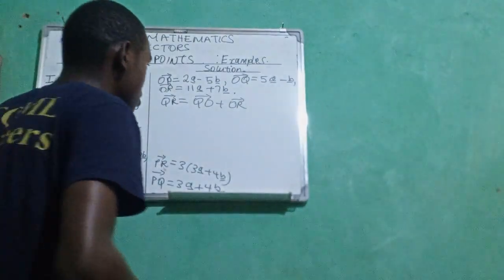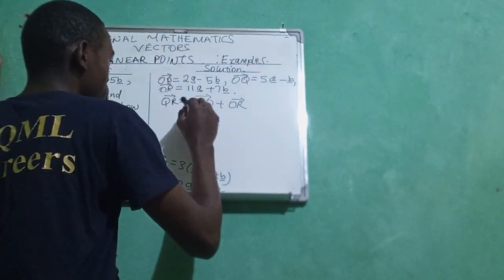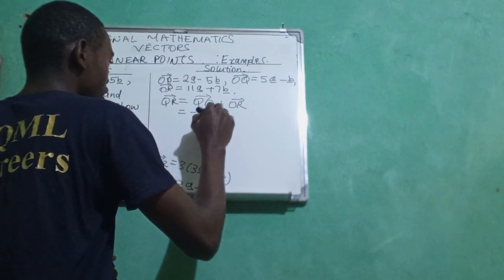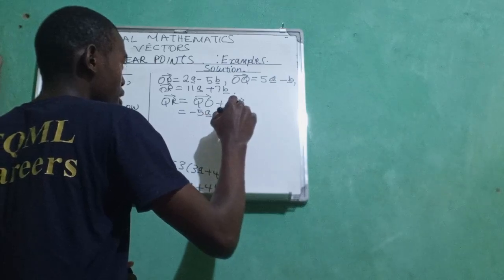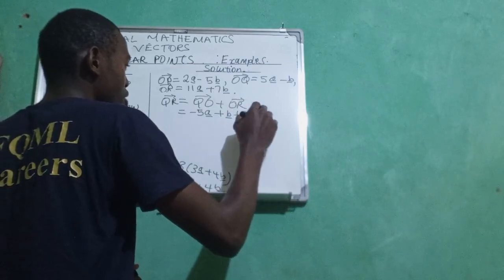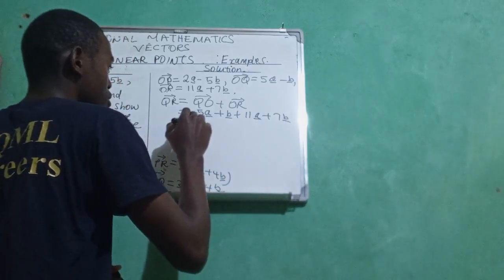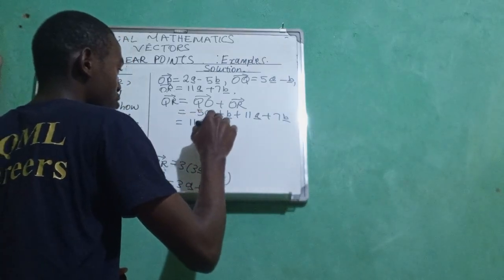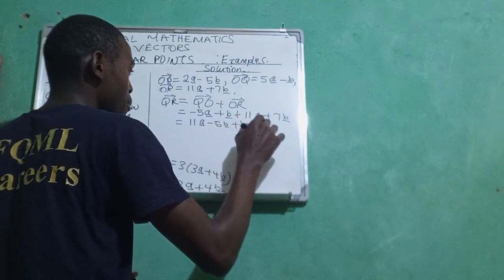And then we simplify. QO is equal to minus 5 of vector A plus vector B. OR is 11 of vector A plus 7 of vector B, being equal to 11 of vector A minus 5 of vector B plus 7B.